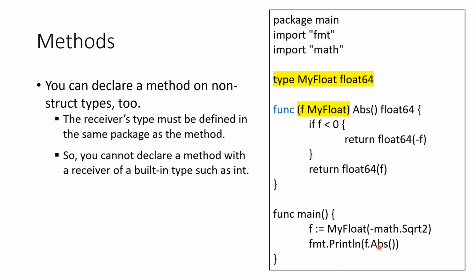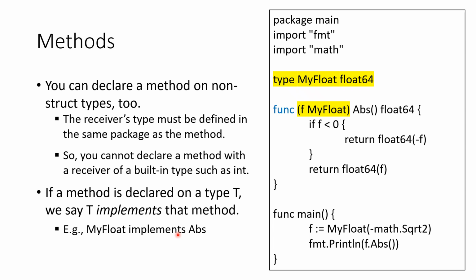And in the main function, we can declare a variable f of type MyFloat which is converted from a float64 value, and then you can call the method Abs on that value of MyFloat type.